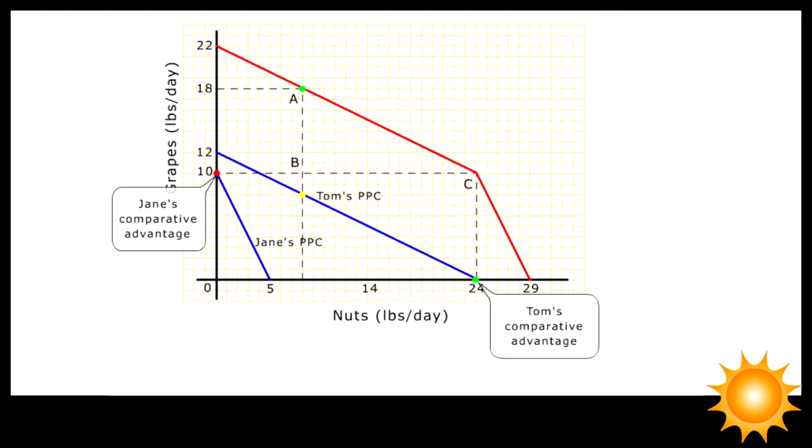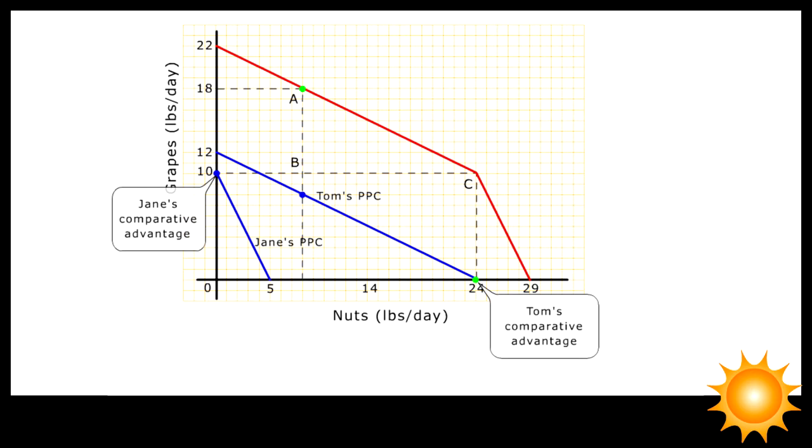Without foreign trade, the combined PPC represents the best possible combined output of grapes and nuts from Tom and Jane, with at least one of them specializing according to their comparative advantages. If they decide to produce at point A, only Jane is specializing according to her comparative advantage.